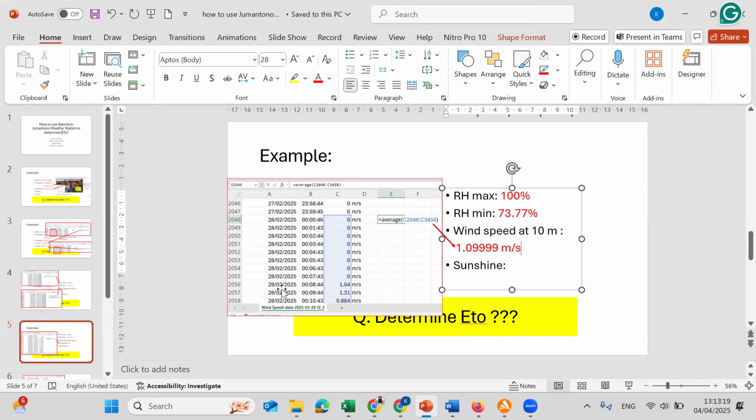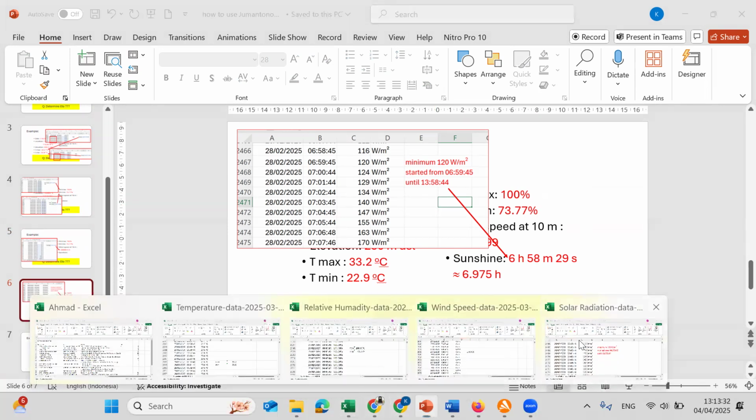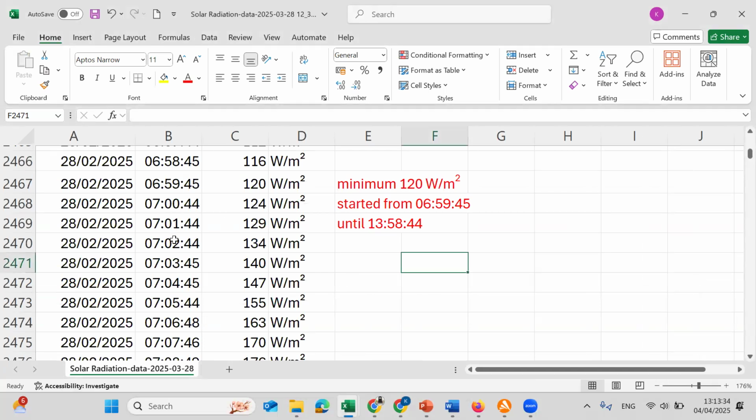And then next is the sunshine duration. We also have the report here, solar radiation. According to the World Meteorological Organization, WMO, we calculate the sunshine duration.